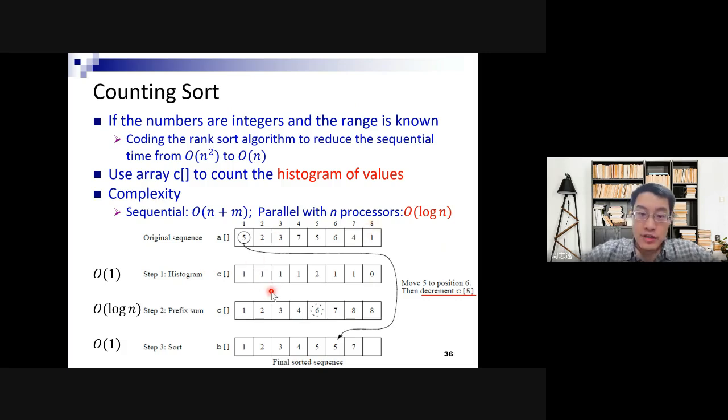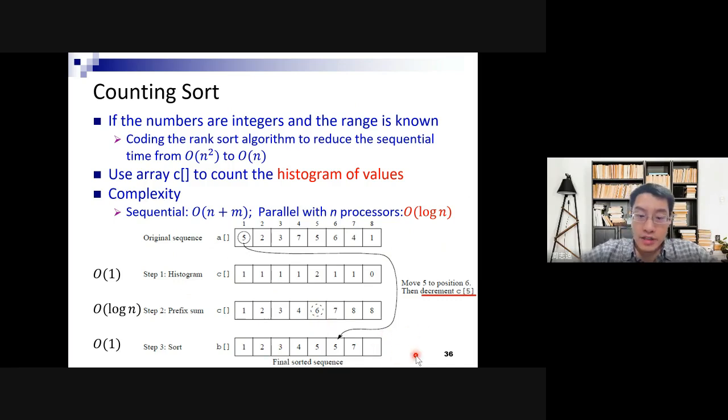Then you can calculate how many items are in each of the bins. So you can use that to determine how many numbers are smaller than you or larger than you, from the distribution of the histogram. And so what you need to compute from the histogram is the prefix sum for each item, and then use the prefix sum as the index for your new position. So you can get the sorted results.